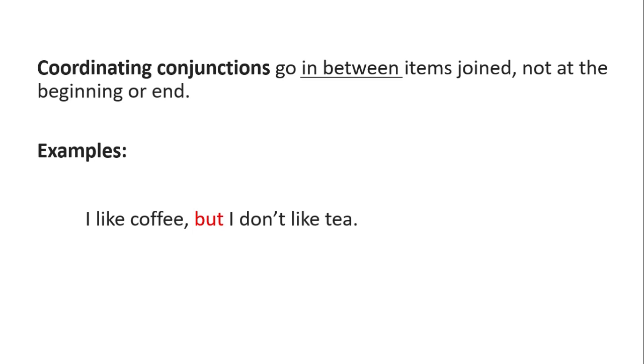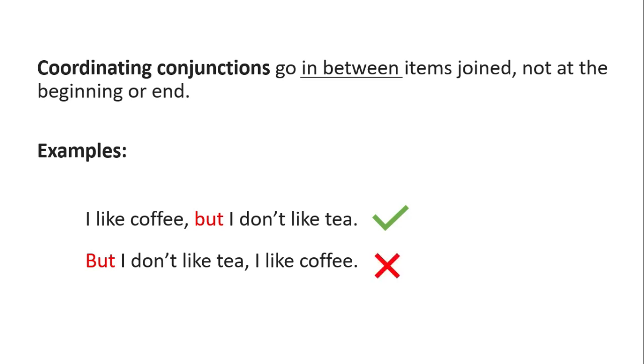So here the conjunction is used between two clauses. So that is the right way to use a coordinating conjunction. In the second example, we can see, but I don't like tea, I like coffee. The conjunction is used in the start of the sentence. That is the wrong way to use coordinating conjunction. So it is false.